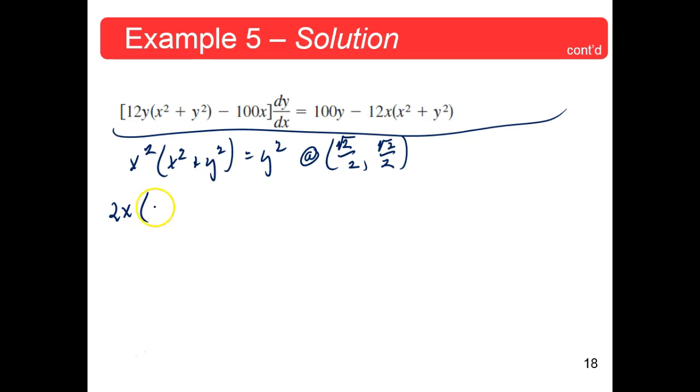The second, which is x squared plus y squared, right? Plus x squared times 2x plus 2y y prime. Okay, you've taken the derivative of the left-hand side.